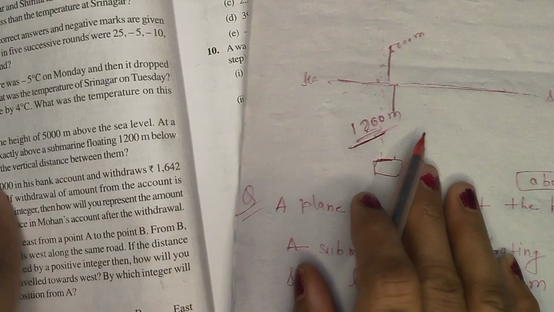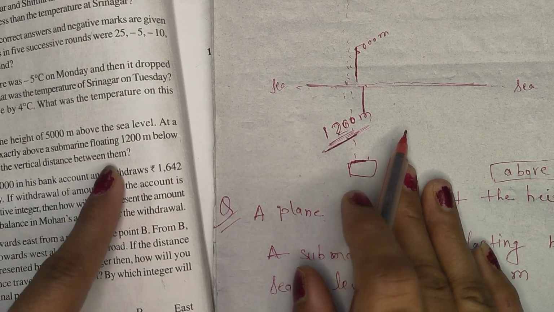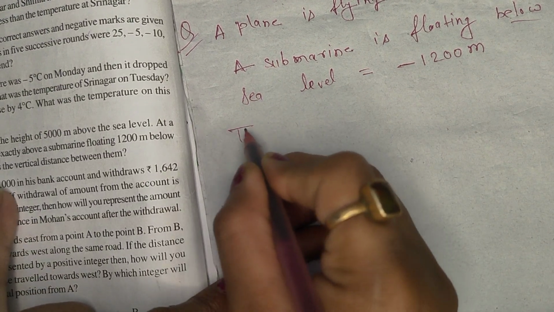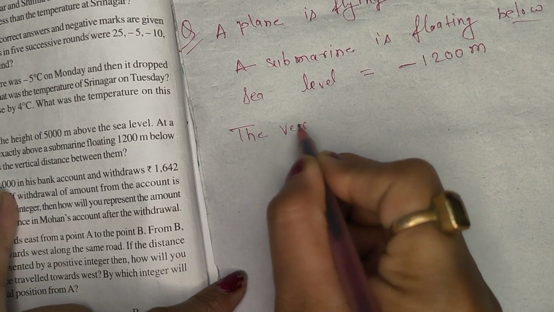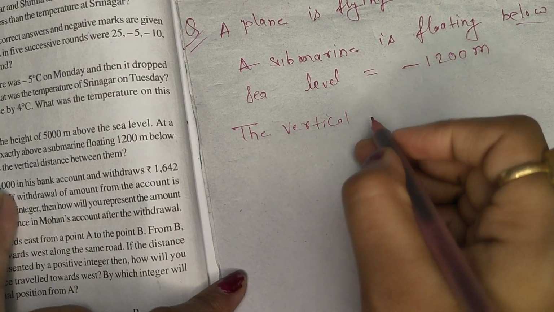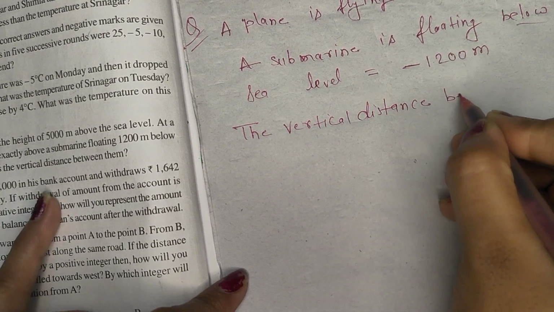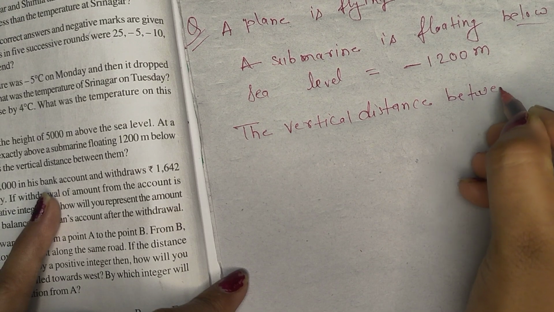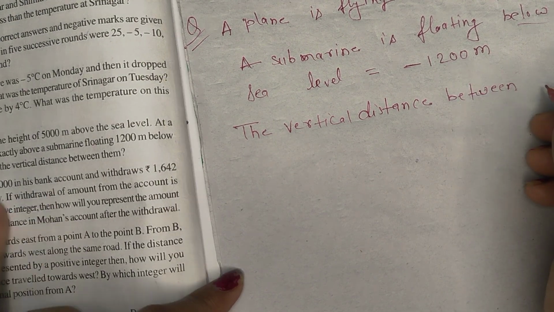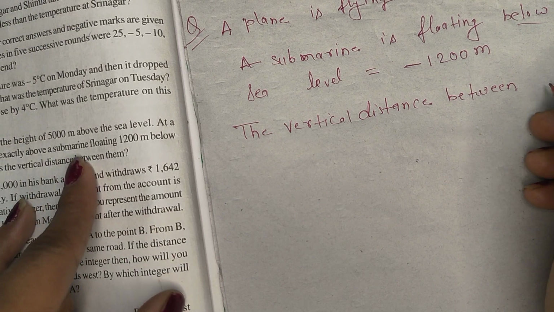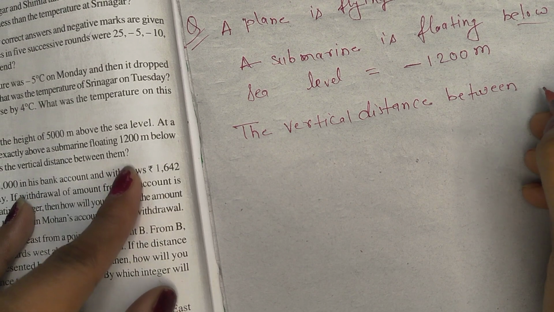The question asks, what is the vertical distance between them? The vertical distance between the plane and submarine, between them.